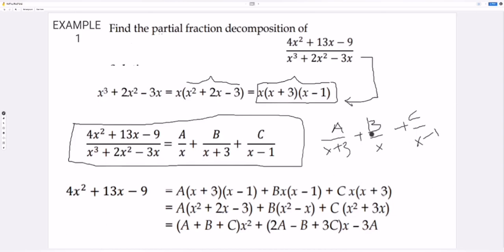So that's okay, even though your A is not the same, as long as you have the correct factored form, x plus 3 and x minus 1, for the given rational expression.